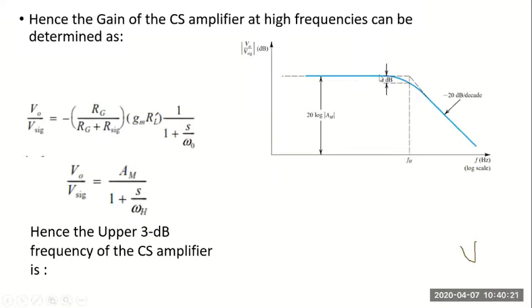Whenever the midband gain comes down by 3 decibels, that is your omega H, and omega H by 2 pi is FH. Therefore, omega H is omega naught, which is 1 by Cin into Rsig dash, and FH is omega H by 2 pi, which is 1 by 2 pi Cin into Rsig dash. So at this frequency, we'll find FH like this. Please remember how we find Cin and Rsig dash.